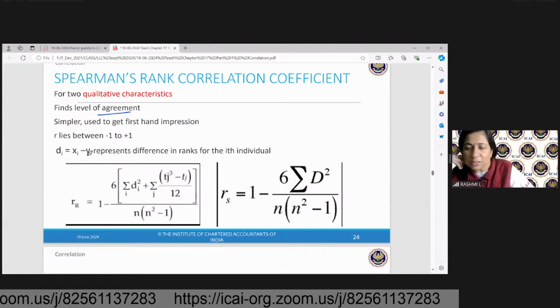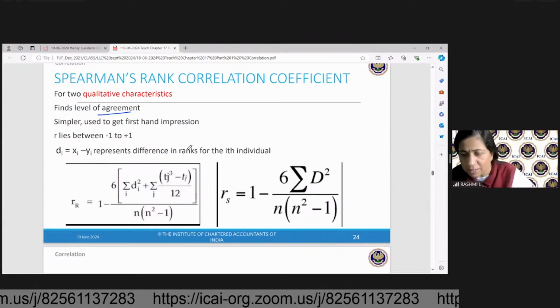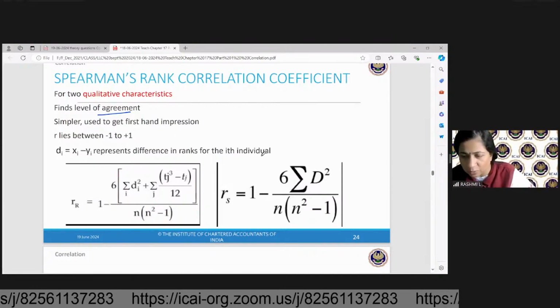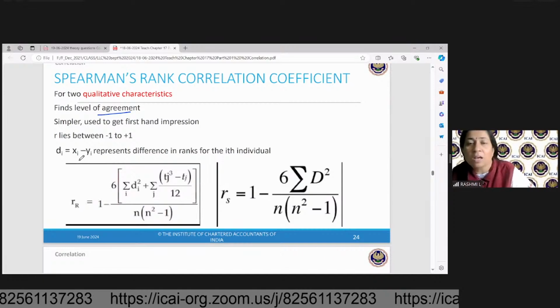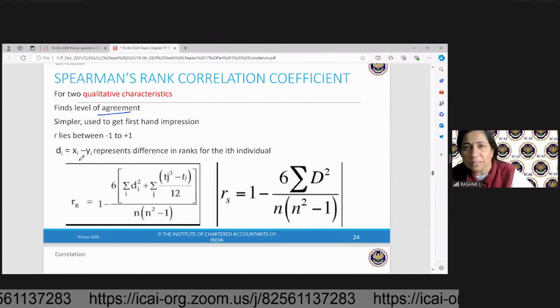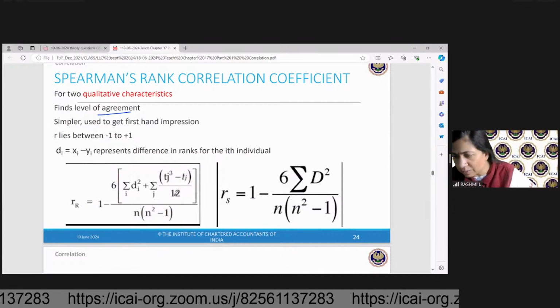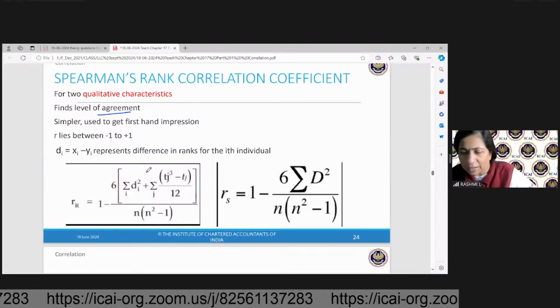di is equal to xi minus yi, which represents the difference in ranks for the ith individual. This is there for you to understand the formula, but we will be doing simply using this and this.